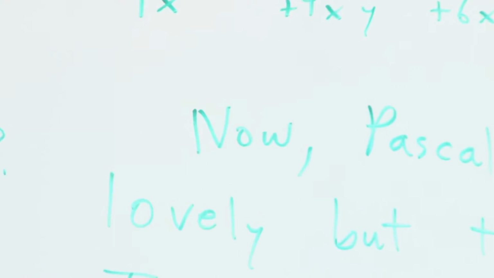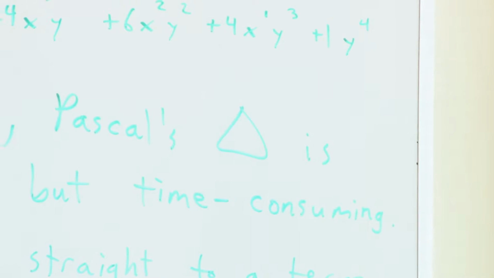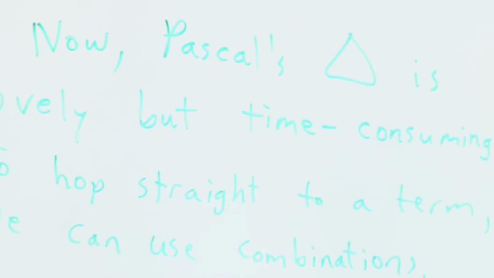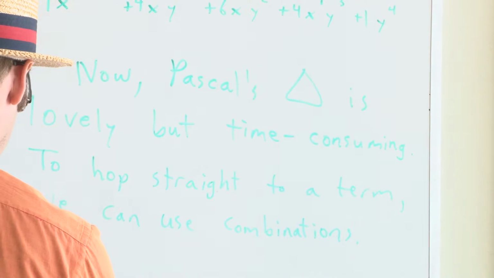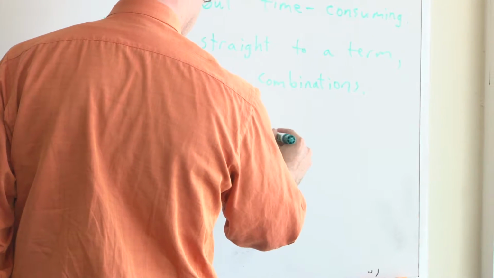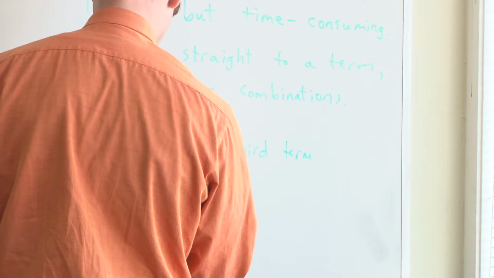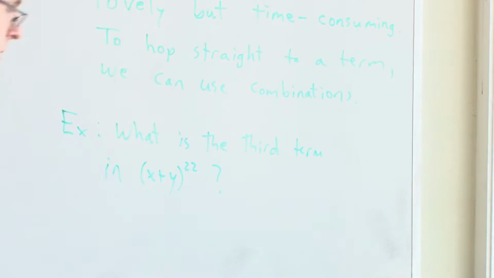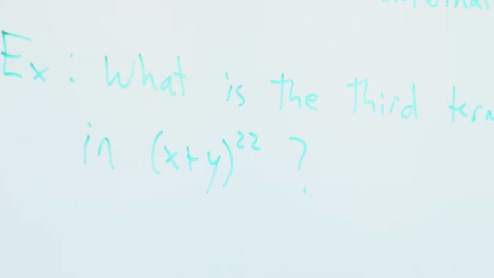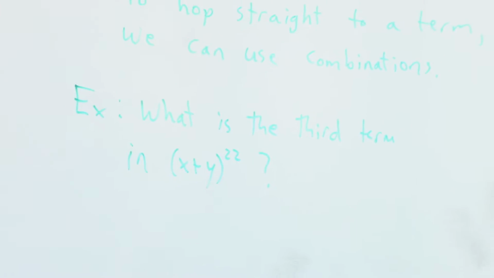So let's say I wanted to know what the third term is in x plus y to the 22nd. If I expanded that out, what would the third term look like? Just like here, what's the third term look like?